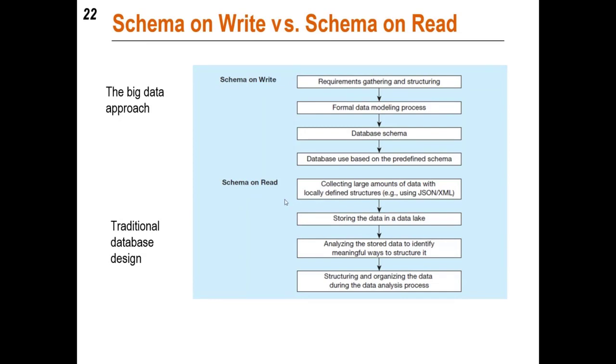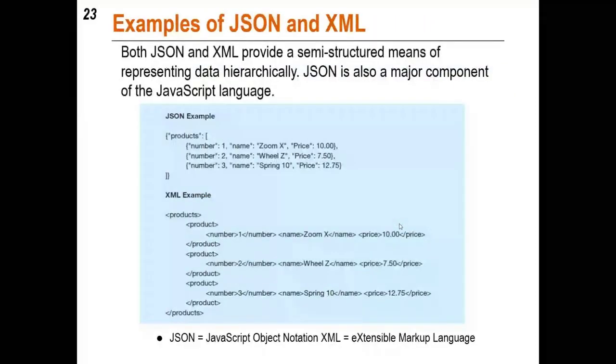So the main idea is to collect the data and record it in different technologies. We can use JSON, or hypertext markup language, or XML to record the information. We store the information in the cloud data lakes, and then we define how the structure looks when we try to use the data.